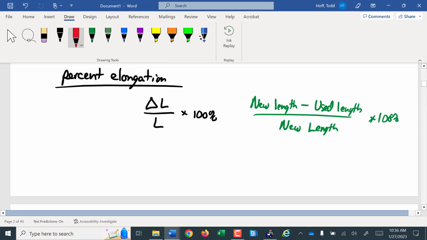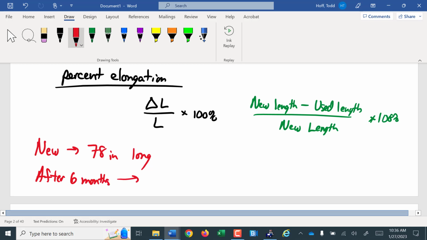So for example, let's say we have a chain that is new, is 78 inches long. After 6 months of use, it is now 78.75 inches long.